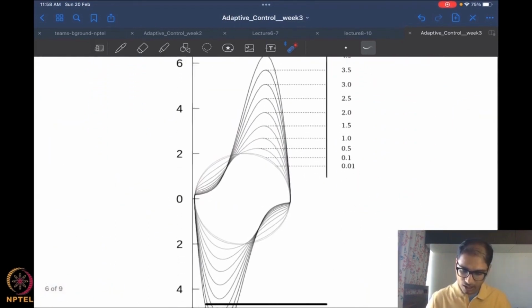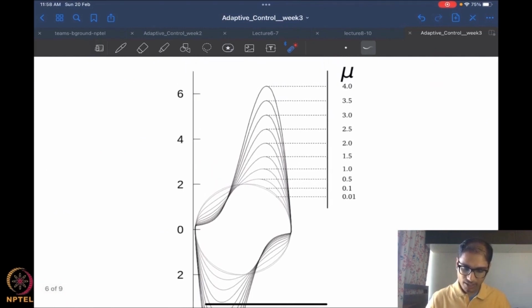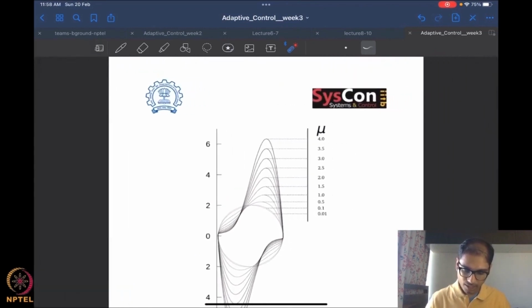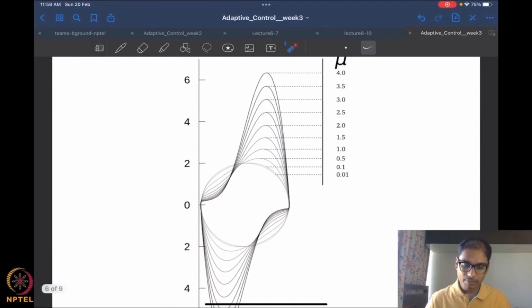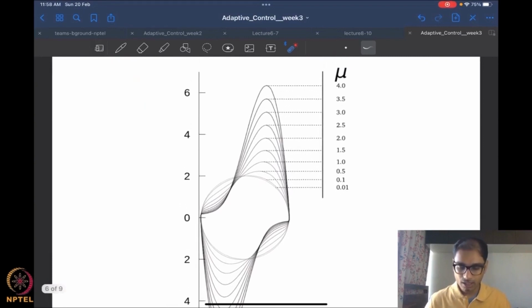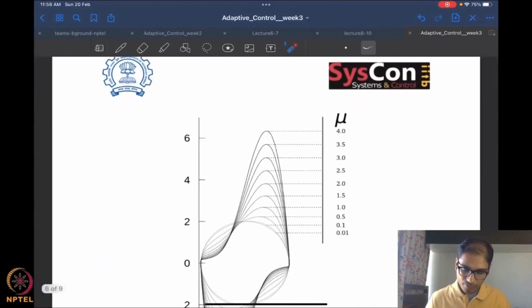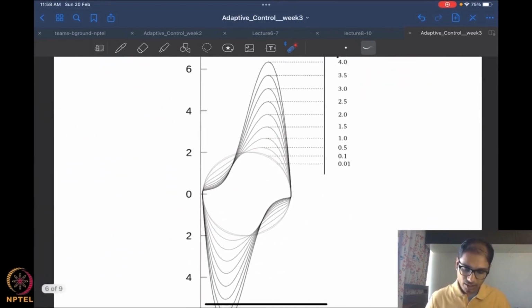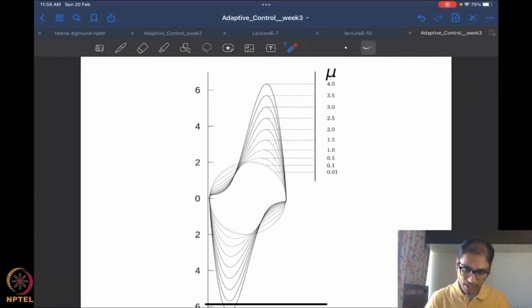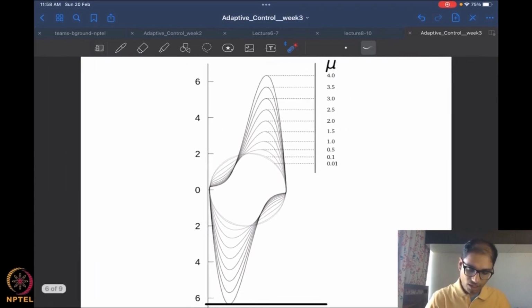So this picture, I know we didn't discuss this, but this is an illustration of what happens for the van der Pol oscillator. I'll just spend a minute on it before going further. For the van der Pol oscillator, we had this phase plane for a particular mu. But for all mu's, the only difference is that as you change mu, this limit cycle seems to change in shape a little bit.